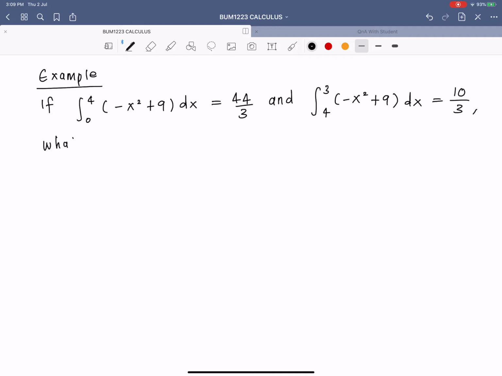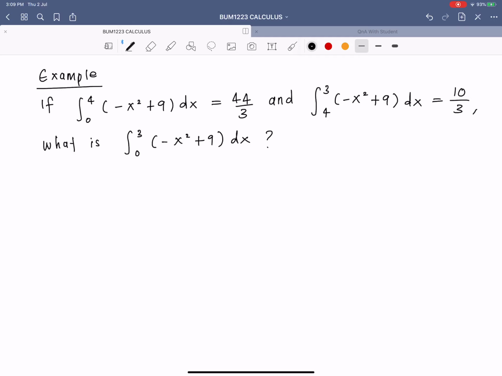What is the integration from 0 to 3 of negative x squared plus 9 dx?